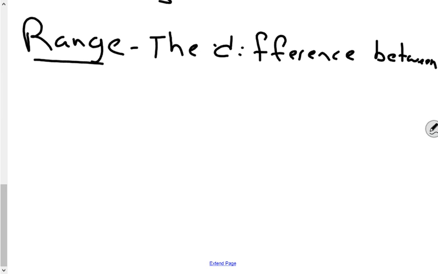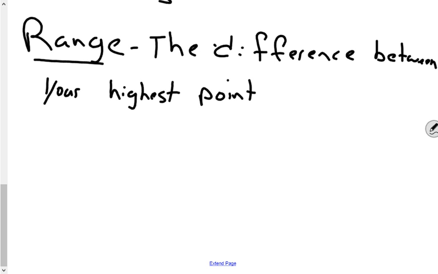The difference between the highest or largest point and the smallest point.